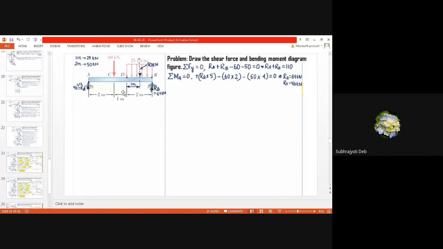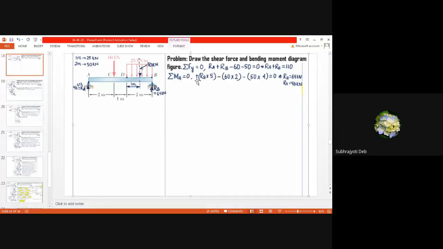Plus RB, what is the total distance? 2 meter plus 1 meter plus 2 meter, that is a total of 5. So RB into 5. Always remember this sign convention. If you make a mistake, you will get a wrong result.